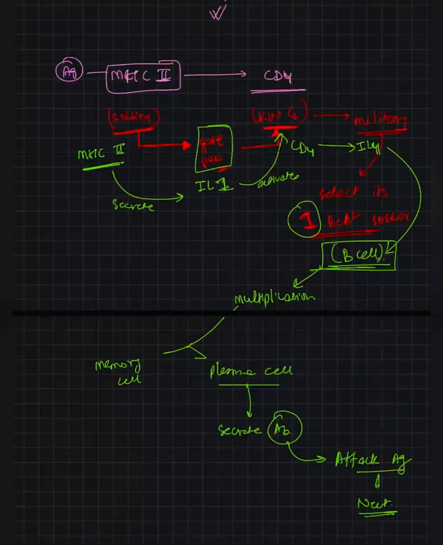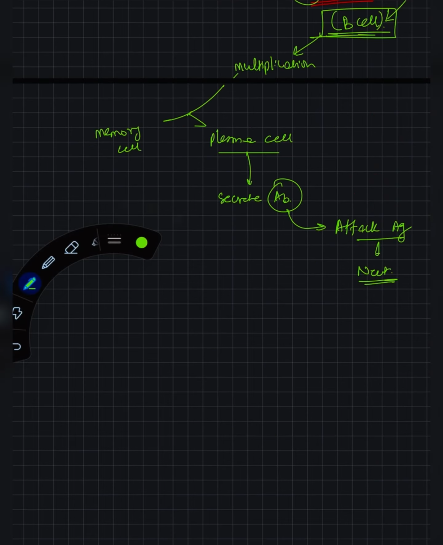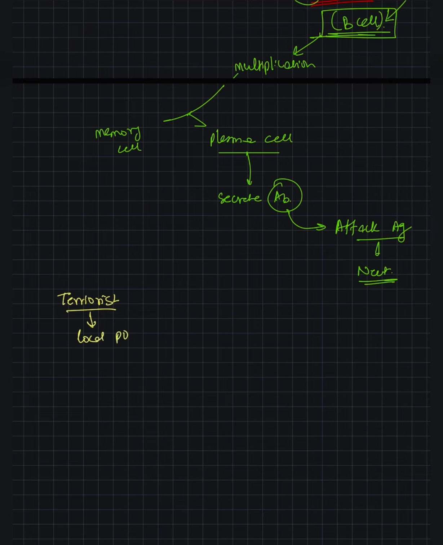Now, let us revise the story. There is a foreign antigen. Let us think of a terrorist. The terrorist came. Our local police, or we can say soldier, couldn't do anything, so they went to the king. But to meet the king, they had a gate pass.